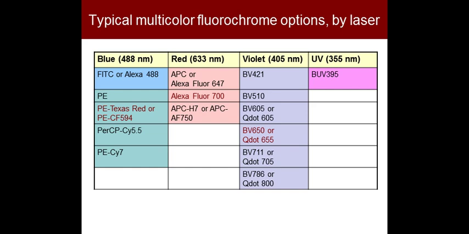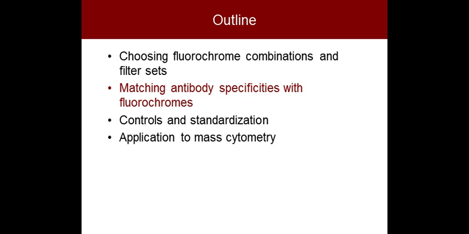All right. So moving on to the second part, which is highly related, we're going to now match our antibody specificities with the fluorochromes that we've chosen. We've chosen the fluorochromes based on our instrument, its capabilities, and what are the bright fluorochromes that are available for that instrument that have relatively little spillover between them.